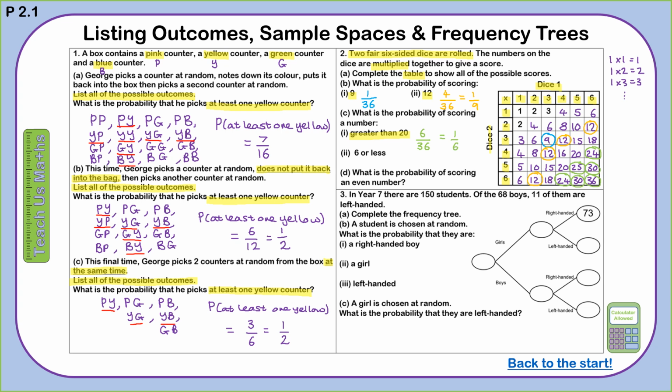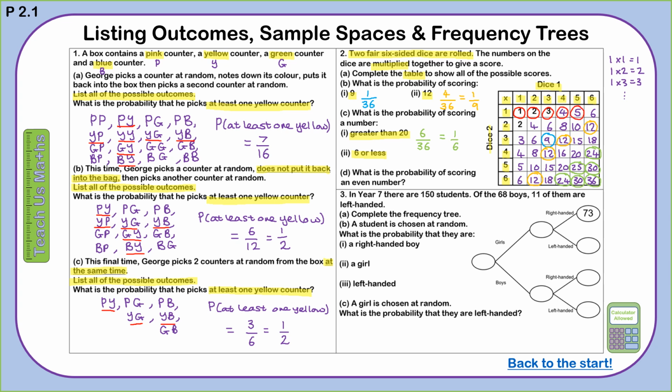Next part, we want the probability of scoring a number 6 or less. So this time 6 is included. So we're looking for all of the numbers in the table that are 6 or less. So there's going to be quite a lot here. There's all of these on this first row. They're all 6 or less.